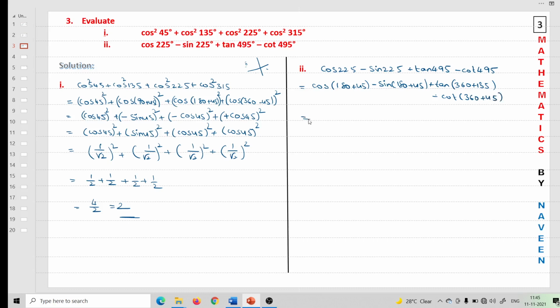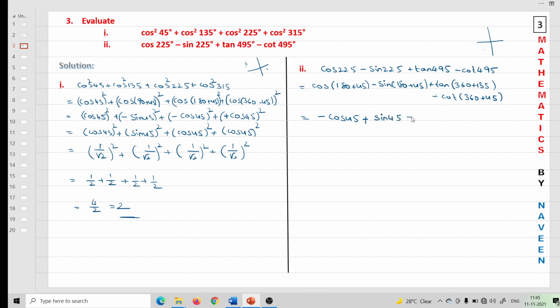So that is 180 plus theta. What is 180 plus theta? Third quadrant, right? In the third quadrant cos value is negative, so minus cos 45, minus as it is. Again 180 plus theta, third quadrant, sin is also negative, so minus into minus is plus sin 45.